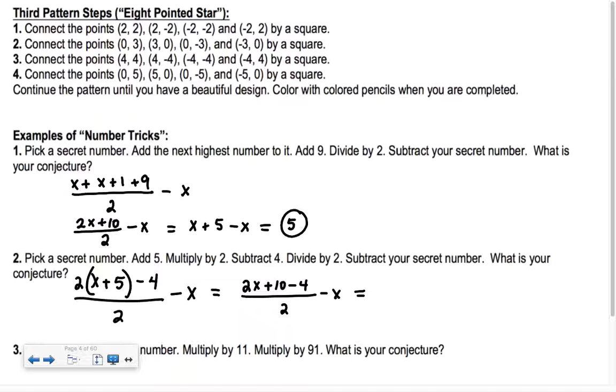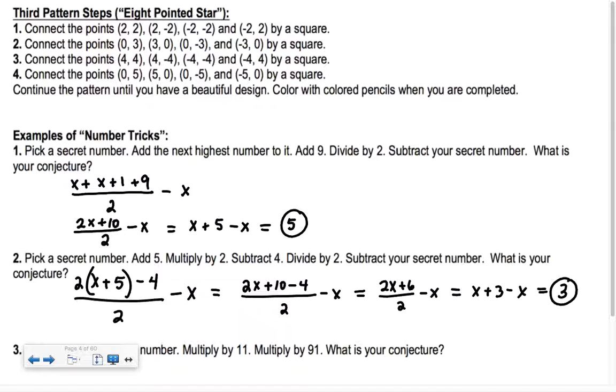When we have 2x plus 10 minus 4, that's 2x plus 6, divided by 2, minus x. Do we see where this is going? 2x plus 6 all divided by 2 gives x plus 3, and then minus x. So we end up getting 3 every time.